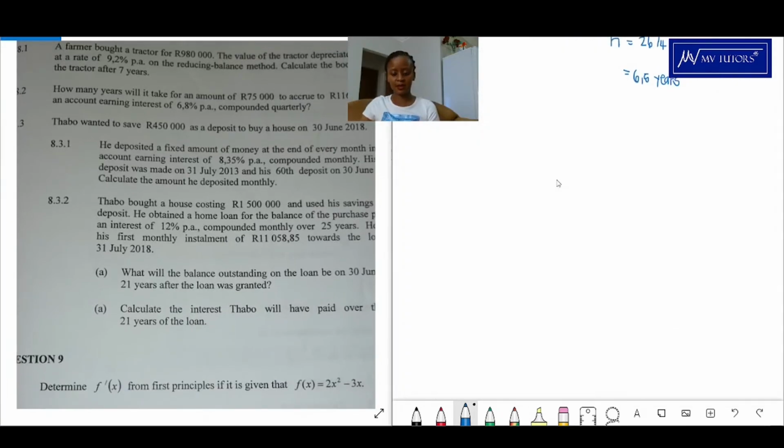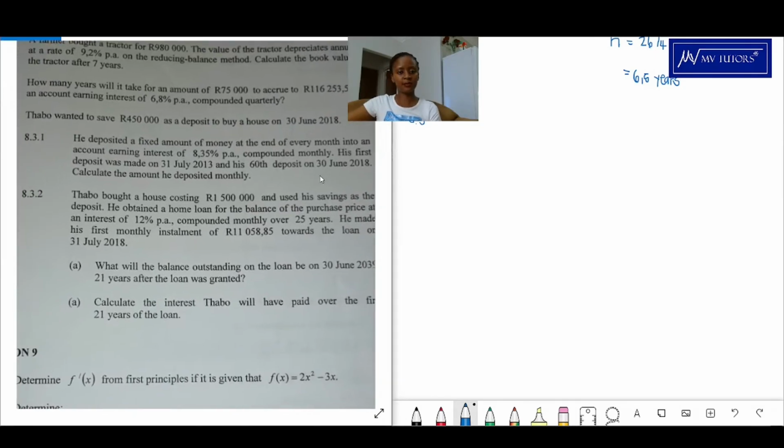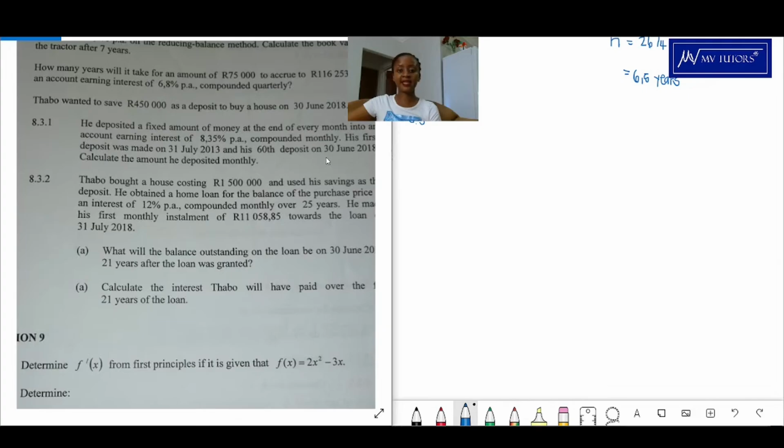So, 8.3. Tabo wanted to save 450,000 as a deposit to buy a house on the 30th of June. So that is his goal. Now, 8.3.1.